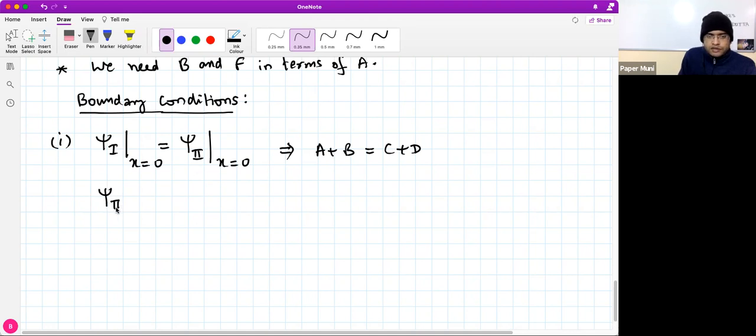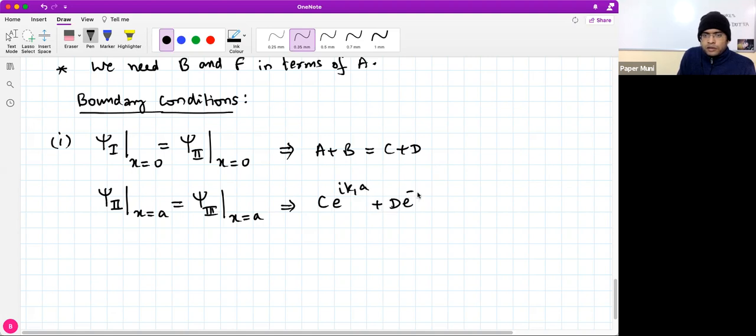Now for each situation we have two sets of boundary conditions. One is at x equal to a, and the other is at x equal to 0. So we have psi3 at x equal to a. This will also be continuous. Now in this case we have c e to the iota k1 a plus d e to the minus iota k1 a is equal to f e to the iota k a.